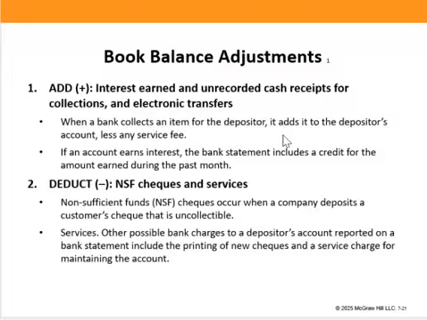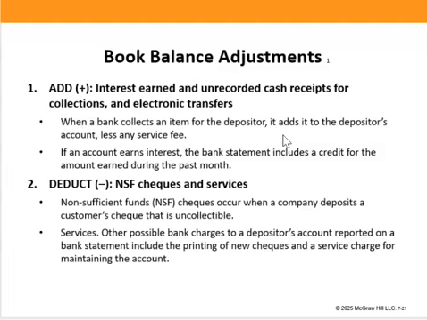Additions could be interest earned, or if a customer deposited money directly into our bank account and we didn't know about it yet. Okay, so we need to add those things in. And then deductions would be for service charges and any checks that bounced from our customers.